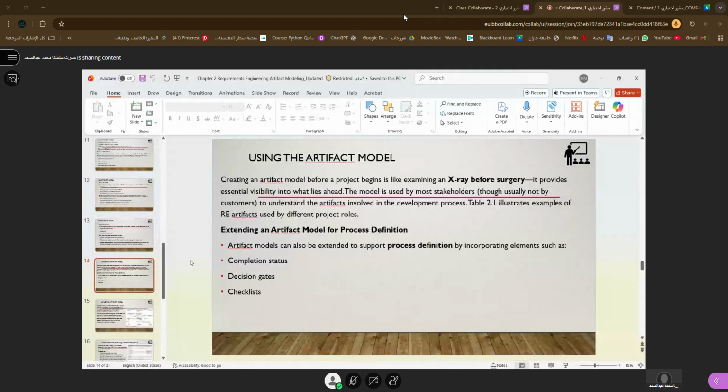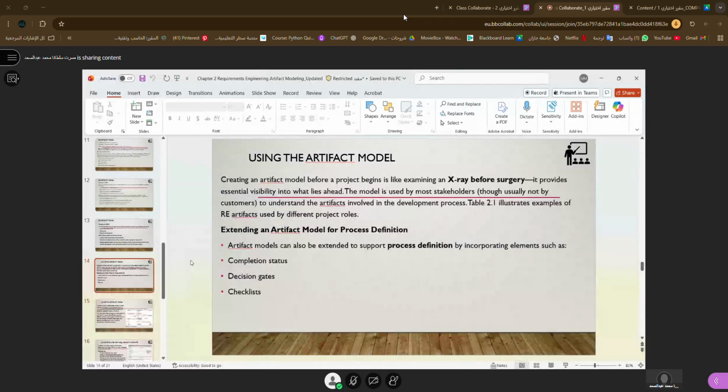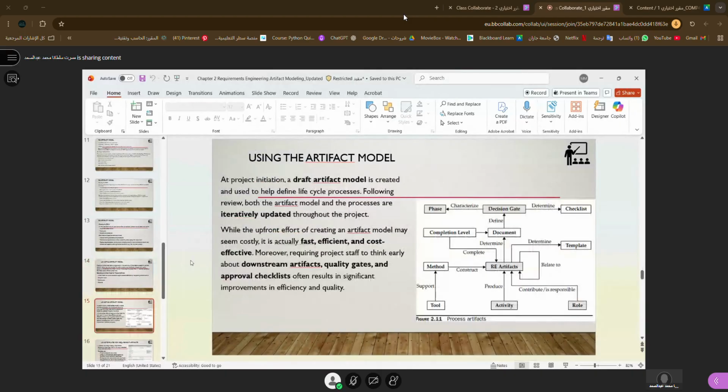Then this is about using the artifact model. Using the artifact model is very important here. Okay.